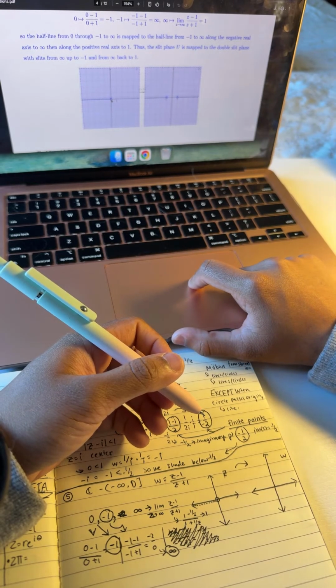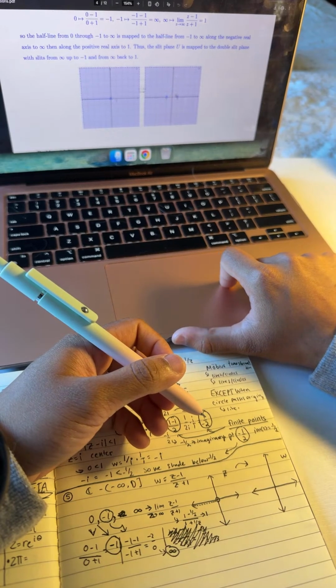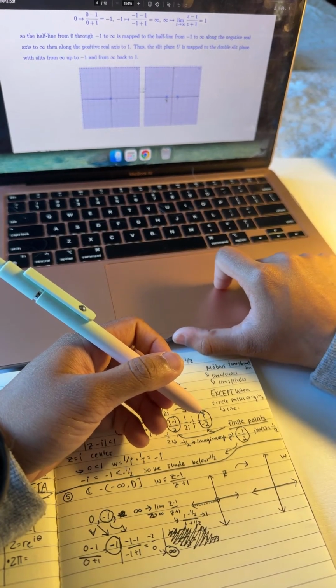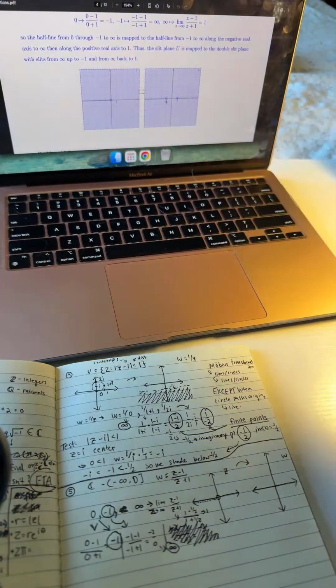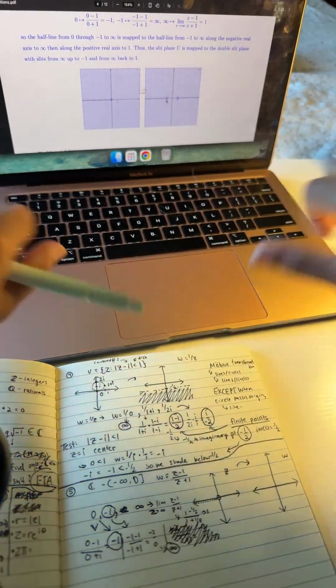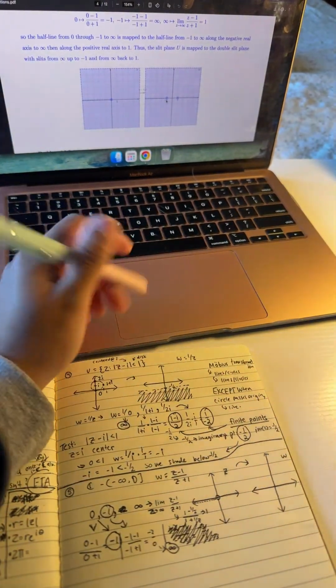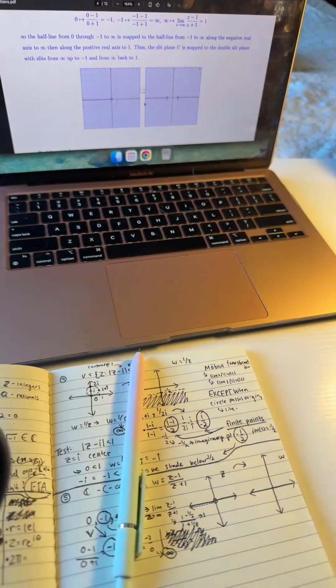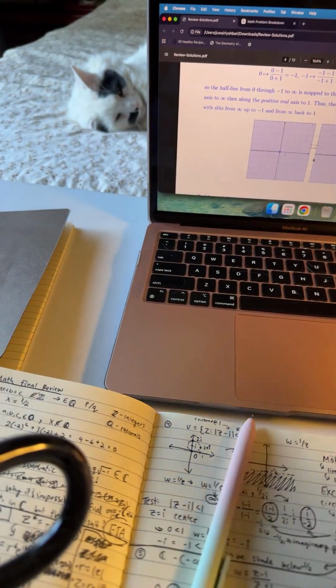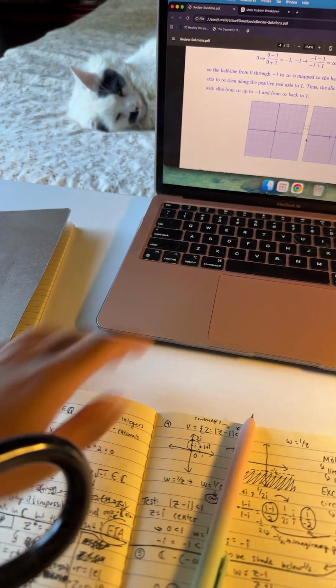So it goes from this. That part is easy. But the transformation is supposed to go that way, like a motorcycle. I can understand why that happens.